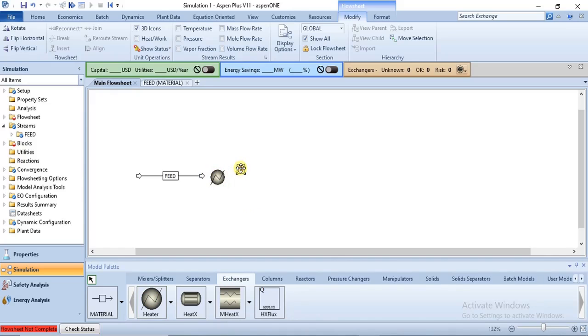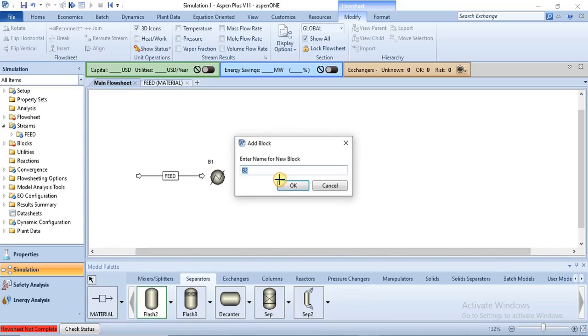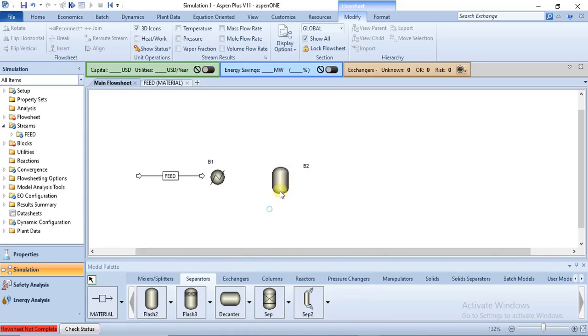Then we need a flash tank. We can get that from Separator. So we will make use of this first one, the flash 2. Flash 2 means the flash tank has 2 outlets. Then you have flash 3, which is for 3 outlets: gas, light liquid, heavy liquid.